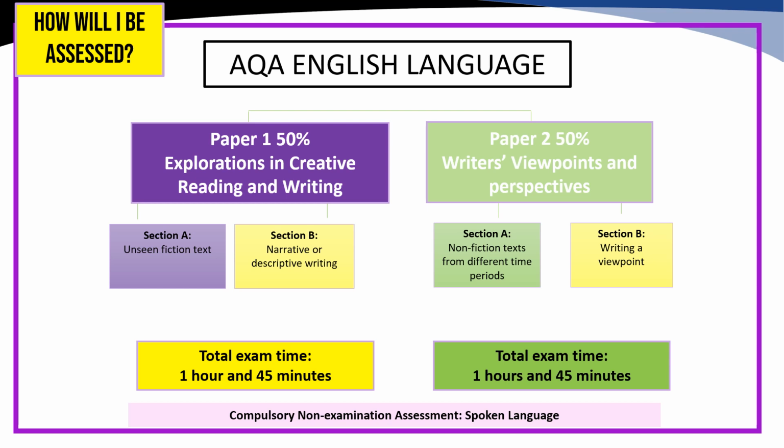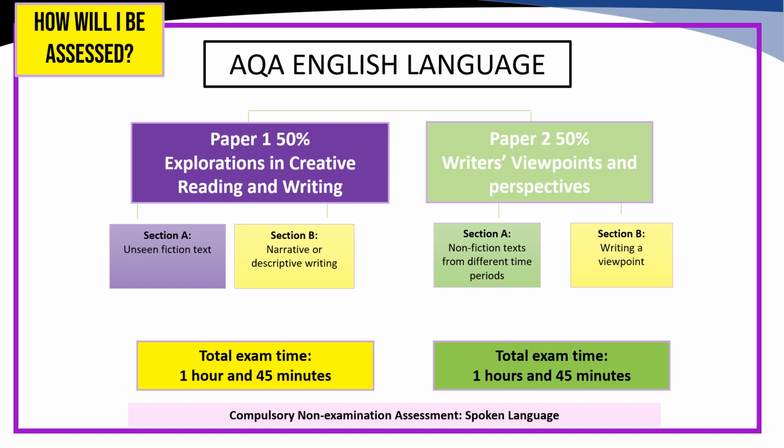For GCSE English Language, there are 3 units. Paper 1, worth 50% of the marks, Explorations in Creative Reading and Writing. This is an exam assessed component. The aim of the paper is to engage you in a creative text and inspire you to write creatively.